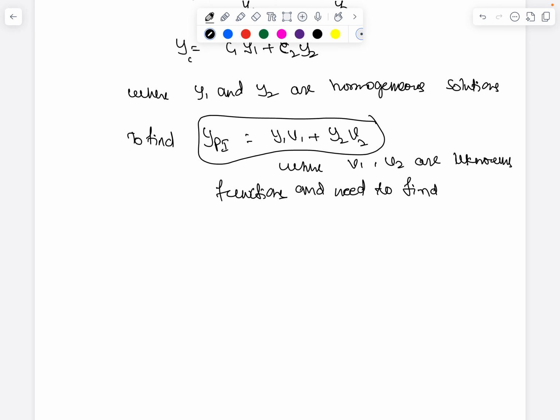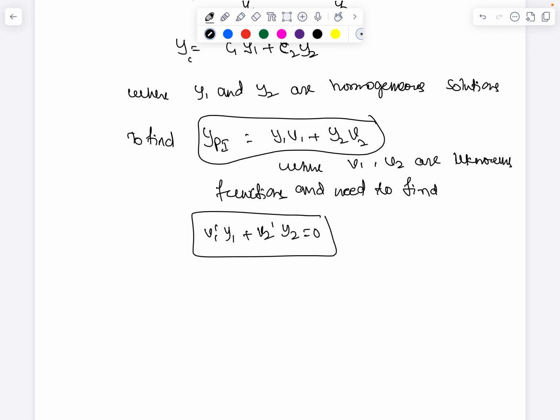Out of these many choices, we arbitrarily decide to look for v1 and v2 which also satisfy a simple condition, that is v1 prime y1 plus v2 prime y2 is equal to 0.